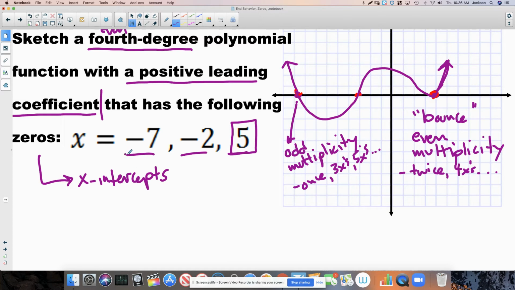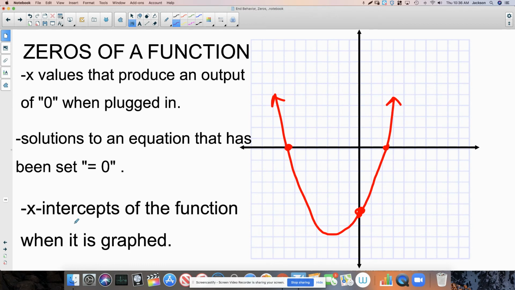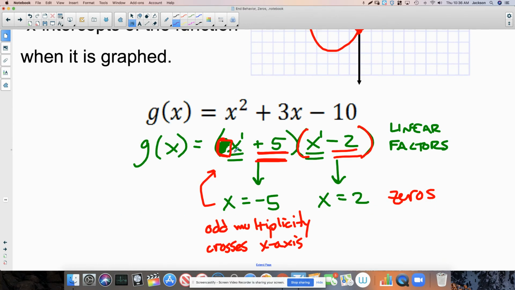Now, what that means in terms of this function, stay with me, is if one of its zeros is -7, that would mean one of its factors might be x plus 7, okay? Because we just said here that in a linear factor like so, the opposite of the zero is the number that's in here and vice versa, right?